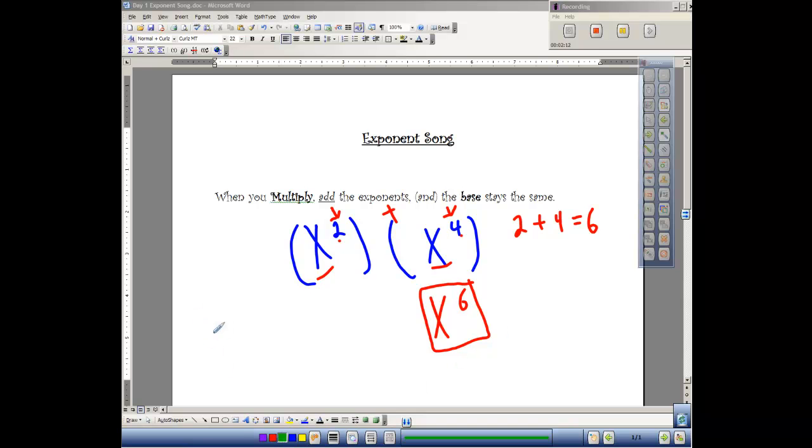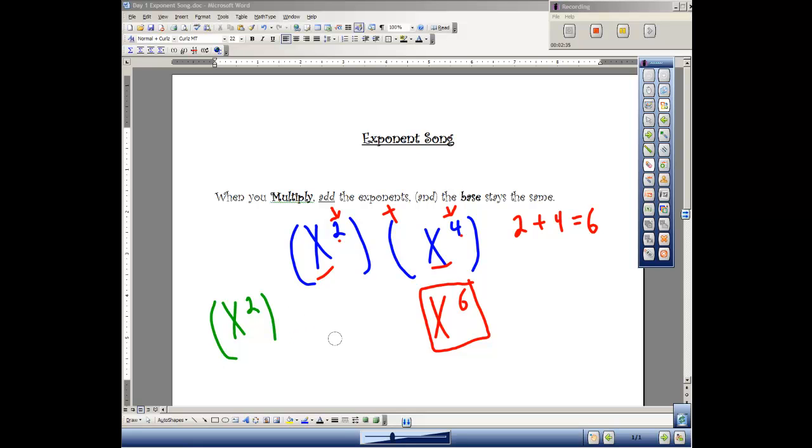Okay, let's look at this one. I have x squared times x. Let's do it without parentheses, since parentheses next to each other indicate multiplication.